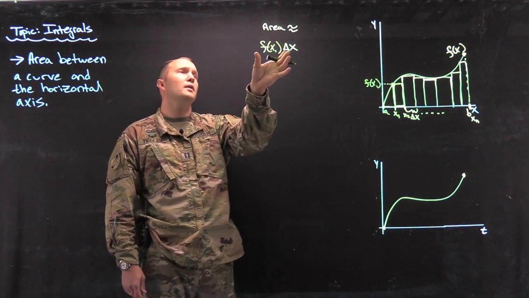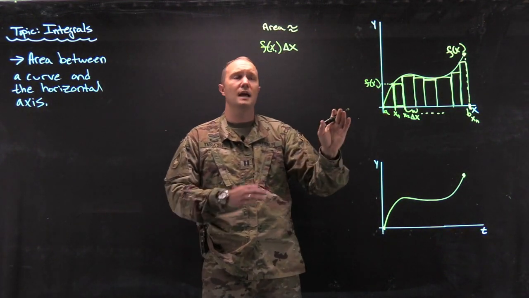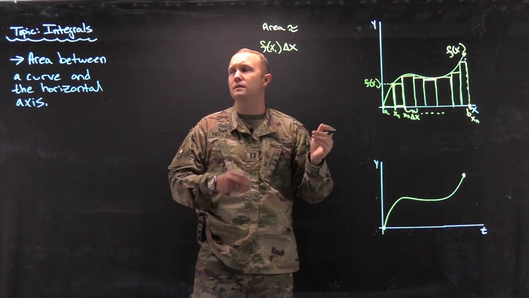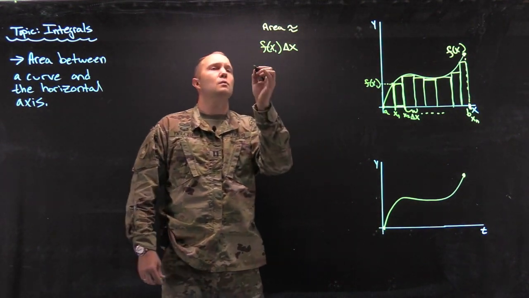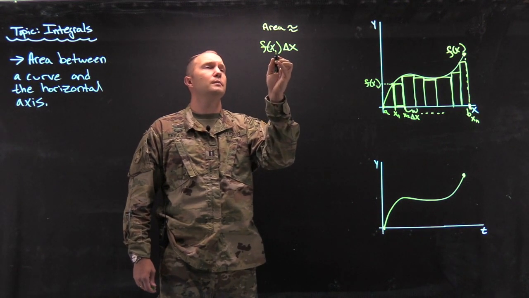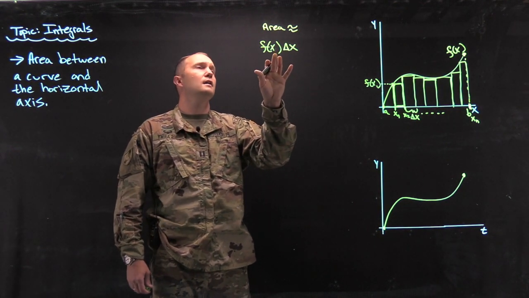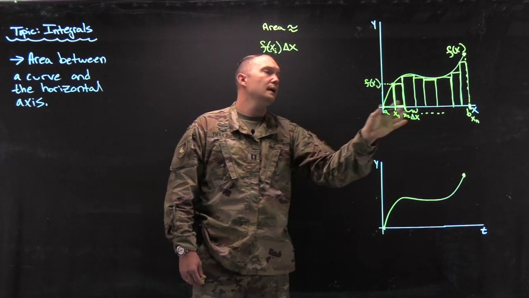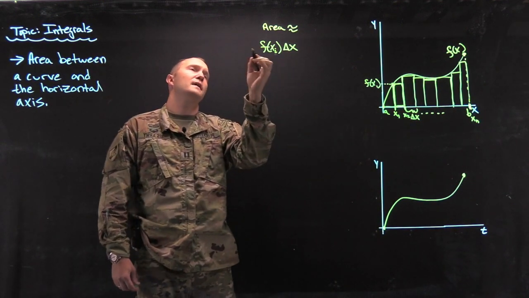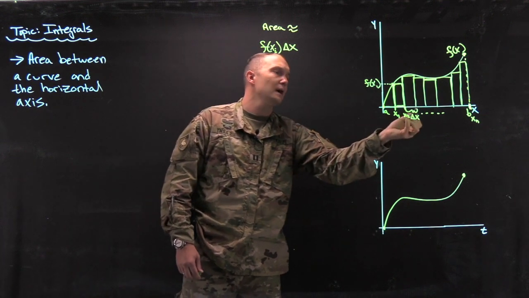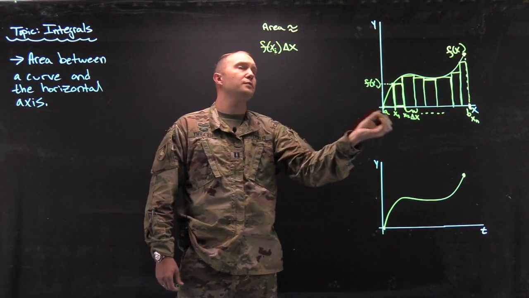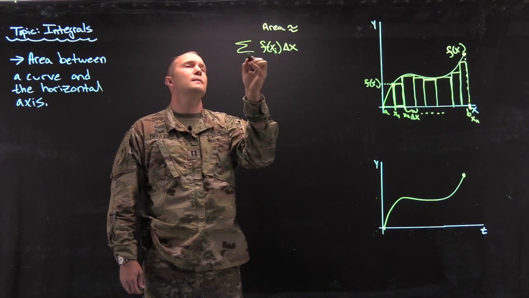So that gives us an approximate area for one of the rectangles, and now we want to do it for all the rectangles, so eventually we just want to sum them all together. So for my approximate area, instead of one rectangle, we're going to look at n rectangles. I'm going to take f of x sub i, being the ith rectangle, times delta x, the width of the rectangle, and we're going to sum those all together.